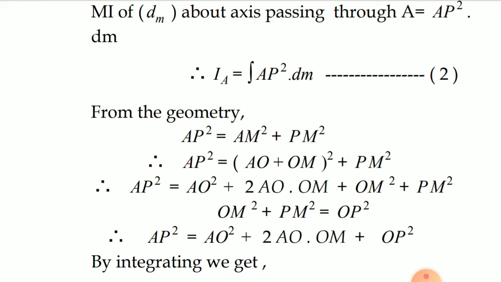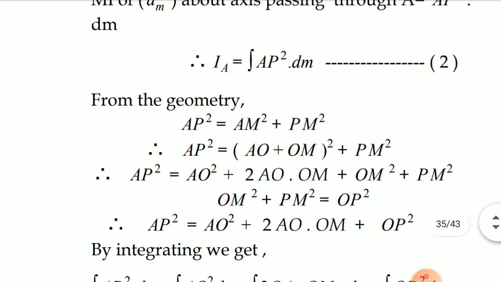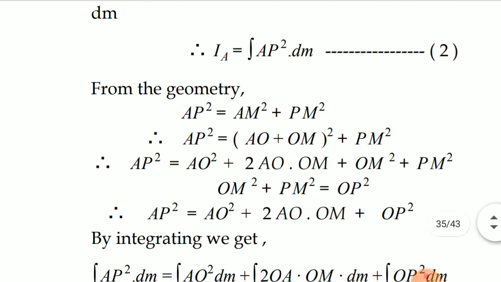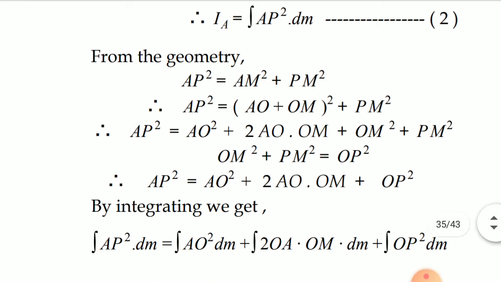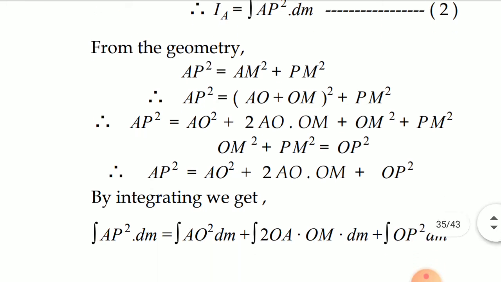You solve it by simplification of the (a plus b) squared formula. Then on the right side, the last two terms, OM squared plus PM squared, will be equal to OP squared. Keeping that diagram in front of us, we find that AP squared is equal to AO squared plus 2 AO into OM plus OP squared.